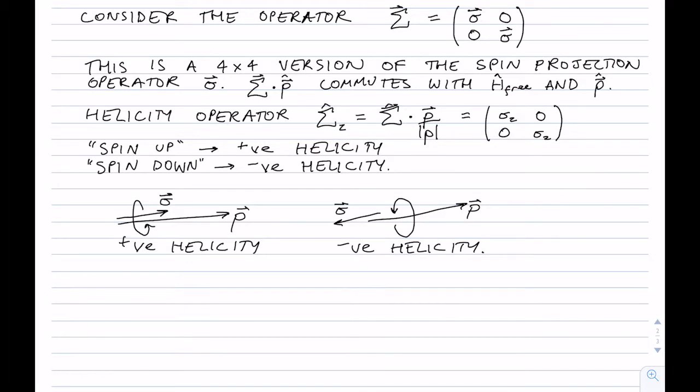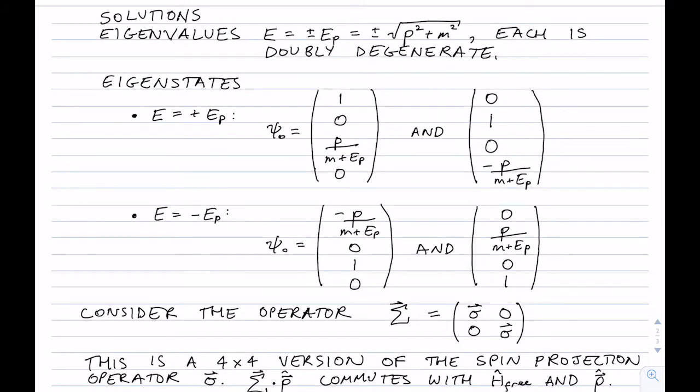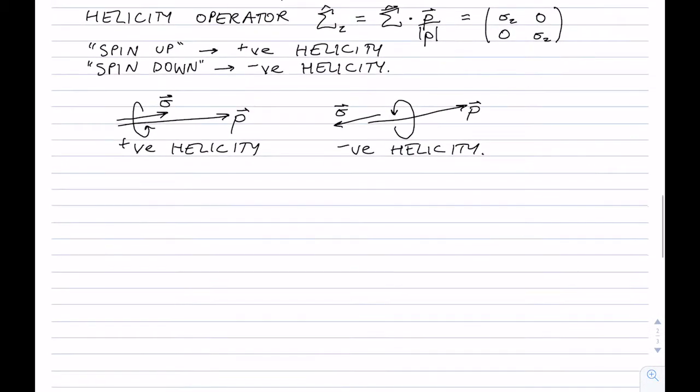And you can also take the non-relativistic limit of these, and in that limit P over M plus EP is going to be a small number. And so it will have a large upper component and a small lower component. So it touches on where we were with the Dirac equation.